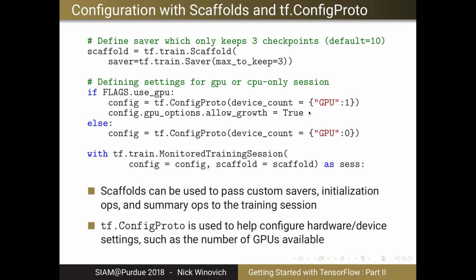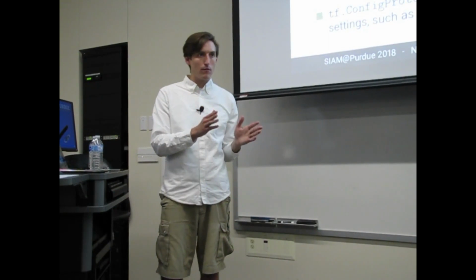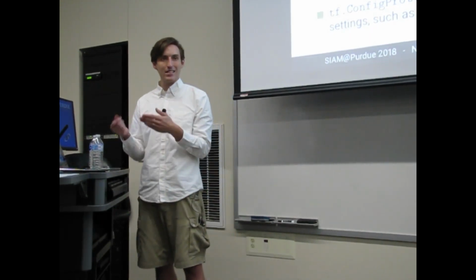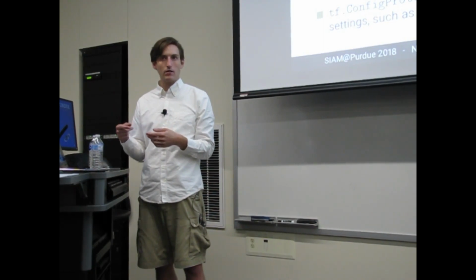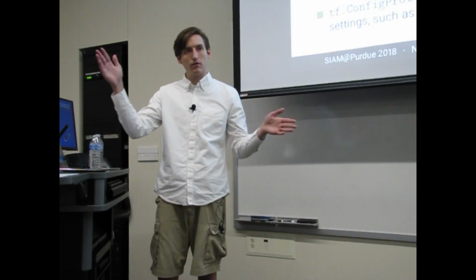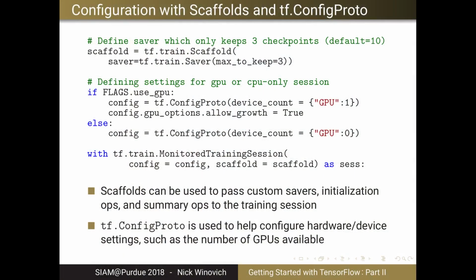Also, if you're using a GPU, you can set this allow growth option so that it starts out with a small amount of memory and grows to consume as much memory as is needed during runtime, instead of just allocating that at the start. So allow growth starts out small. It may just grow anyway, but it's one option that you may want to look into in the descriptions a little bit more in the API documentation.